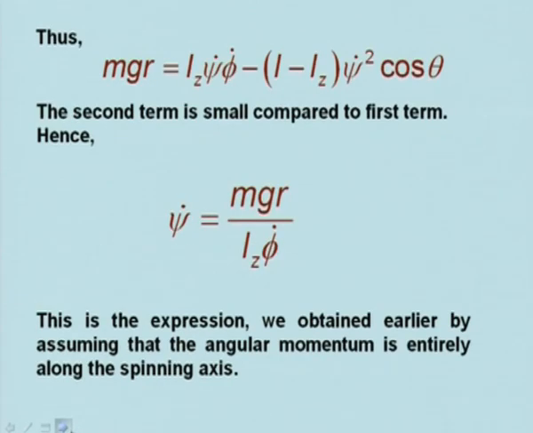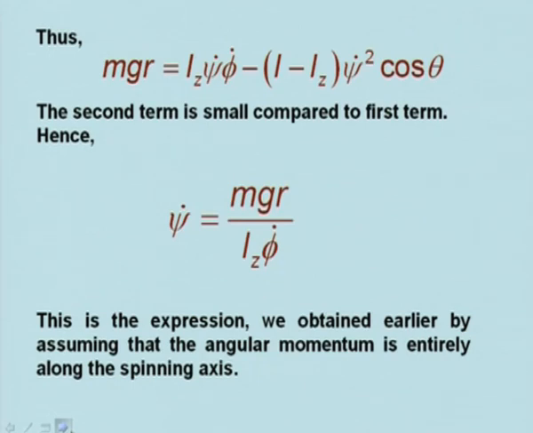Now for a top, Mx is mgr sin theta. Therefore, we get mgr is equal to Iz psi dot phi dot minus I minus Iz psi dot square cos theta. The second term is small compared to the first term, hence we get psi dot is equal to mgr divided by Iz phi dot.